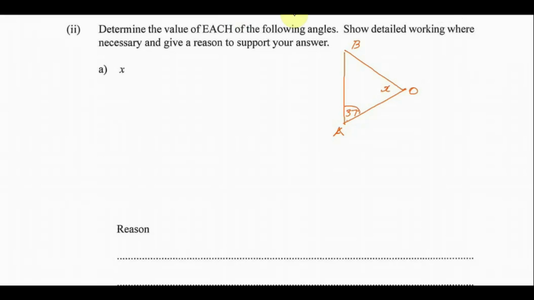And in triangle AOB, O is the center, therefore AO, as we said, is a radius, and likewise OB is also a radius. So therefore we can say in triangle AOB, OB equals OA, radii.